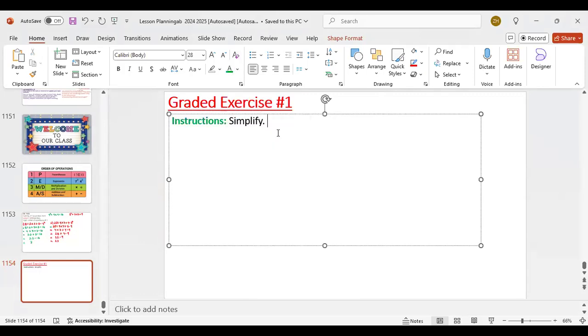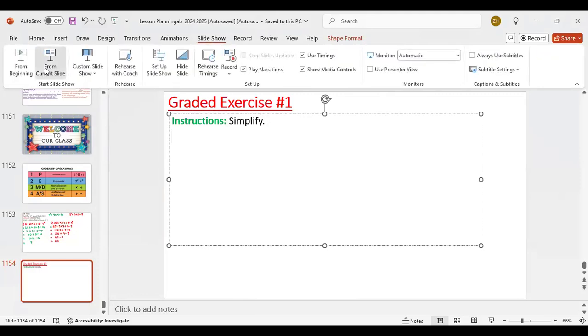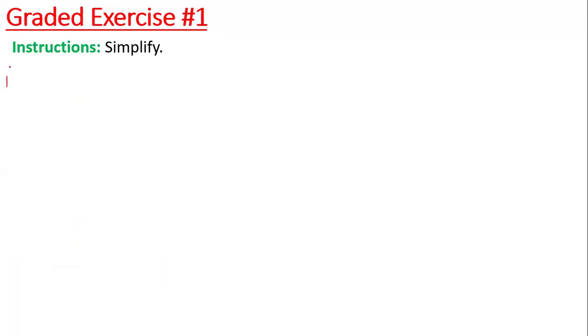Okay, let's go ahead and answer these. For number one, we have 18 divided by 2 multiplied by 3 plus 7 minus 2 squared.